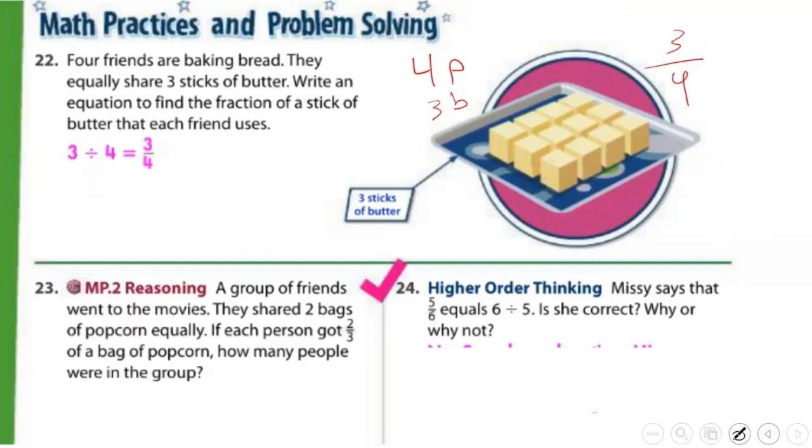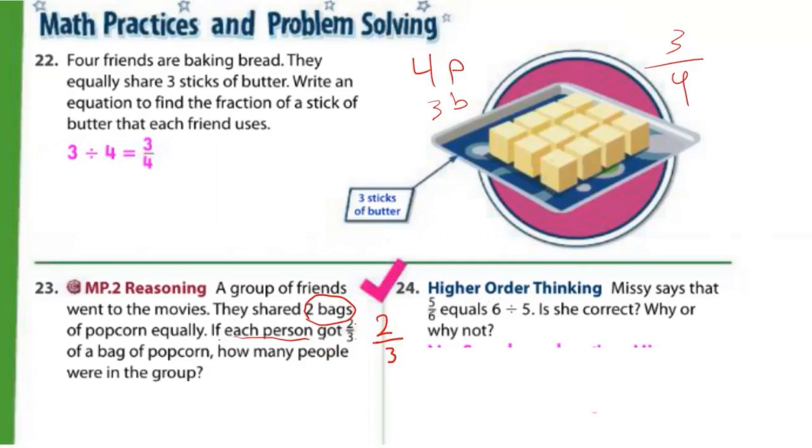Okay, number 23 in the same page, in the same section. A group of friends went to the movies. They shared 2 bags of popcorn. If each person got 2 over 3, it means distributing the popcorn, 2 bags, over the persons, not the opposite, persons over the popcorn.